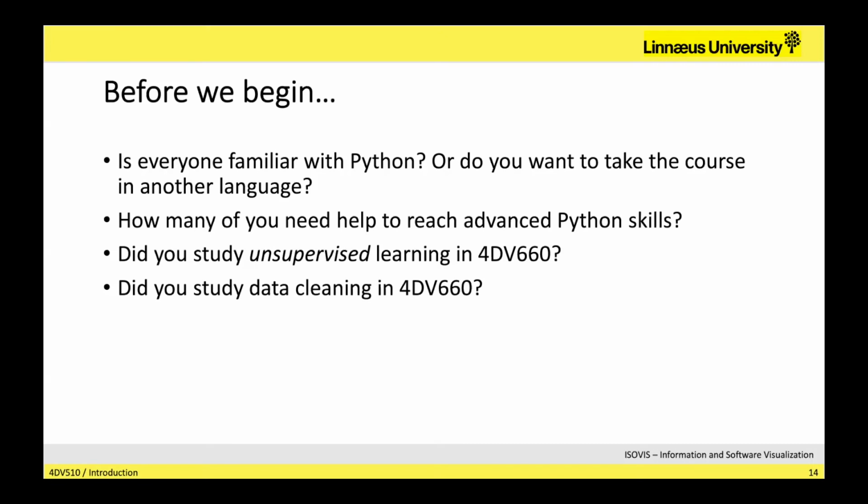All right. I will assume that we need to go over unsupervised learning again because it's part of the syllabus for our course. Just so I understand, you did do some unsupervised learning for 4DV660. Okay. Right.